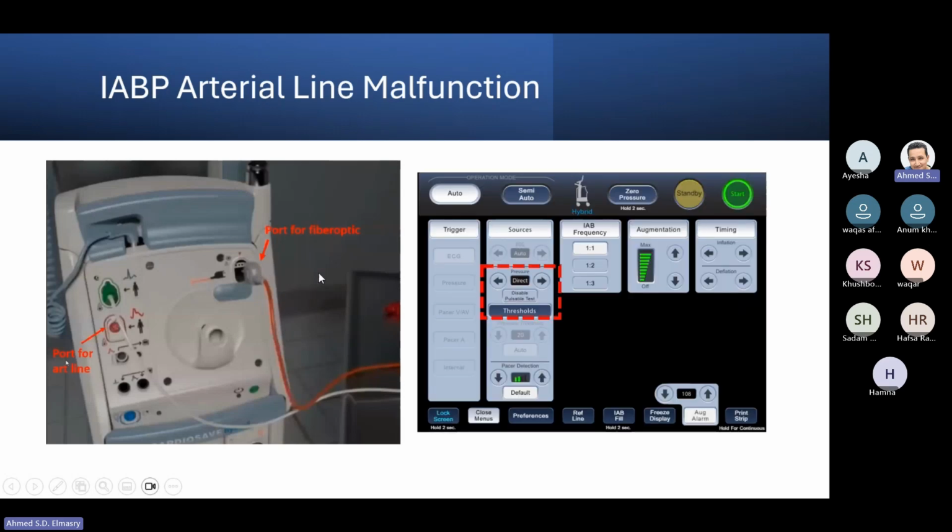When you work on the fiber optic, you have to select the source as direct mode. If you change to the external source, then you have to change the source on the intra-aortic balloon console to external. Otherwise, you will not get the trace for the arterial pressure.